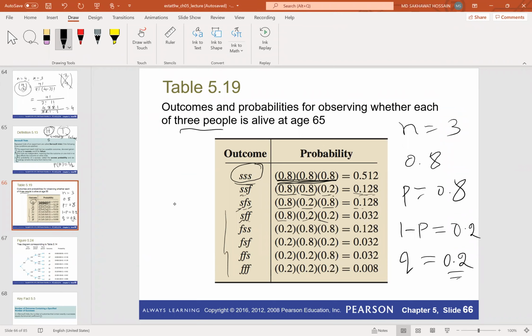And here the probability of success is the same from trial to trial. Each person is alive at 65 with probability 0.8, and this probability is the same for each person. So that means the probability is the same from trial to trial. Okay, so we can also construct this probability using a tree diagram.